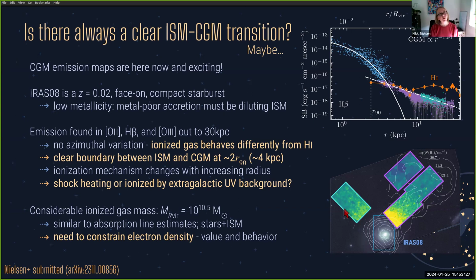Yeah, so we argue a little bit in the paper that we don't think outflows are dominating the CGM emission. That's because the opening angle of starbursting galaxy outflows in the local universe tends to be quite small, like 20 to 30 degrees.